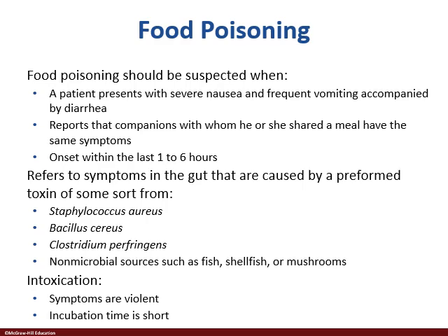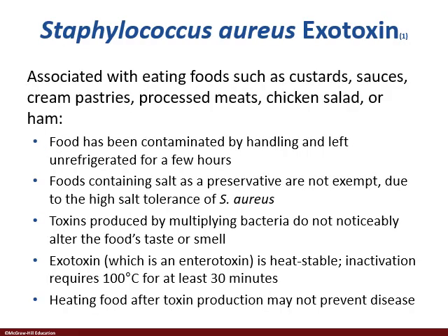So this is where we get the idea of intoxication. You have ingested a toxin. You don't worry about the microbe, you worry about what the microbe produced. So you eat processed meats, undercooked meats, some form of sauce or custard or something that you're not applying a lot of heat to.